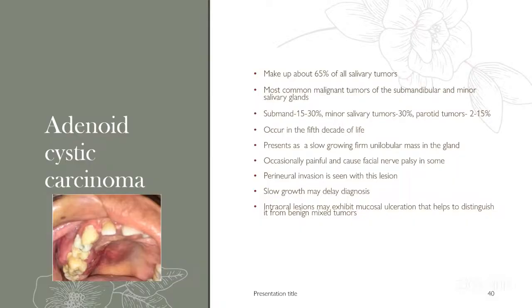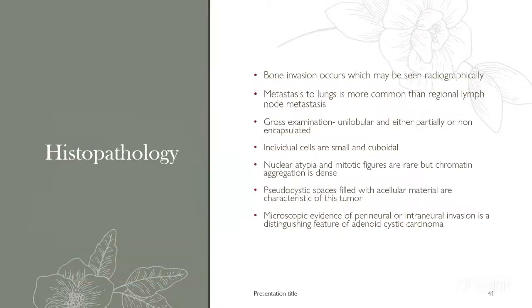In case of parotid tumors, it can cause facial nerve palsy. One of the important features of this tumor is perineural invasion. The slow growth may delay the diagnosis. Bone invasion is there, which can be seen radiographically. Metastasis to lungs is more common than regional lymph node metastasis.